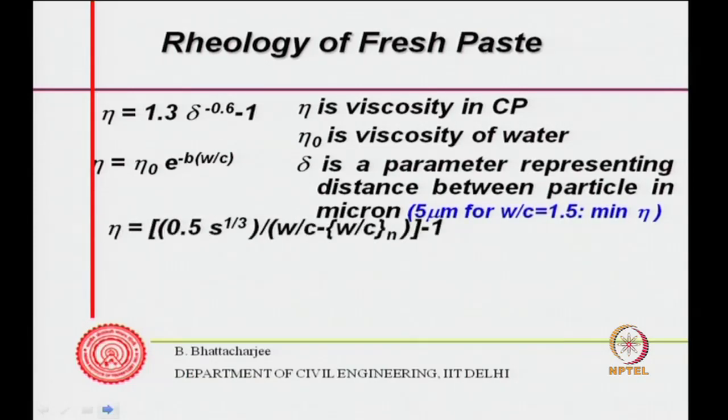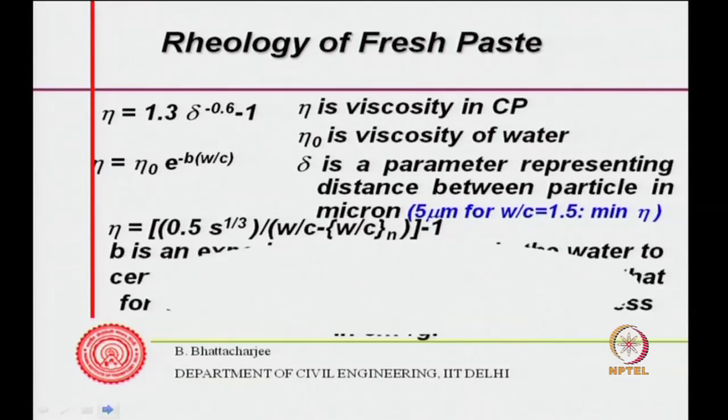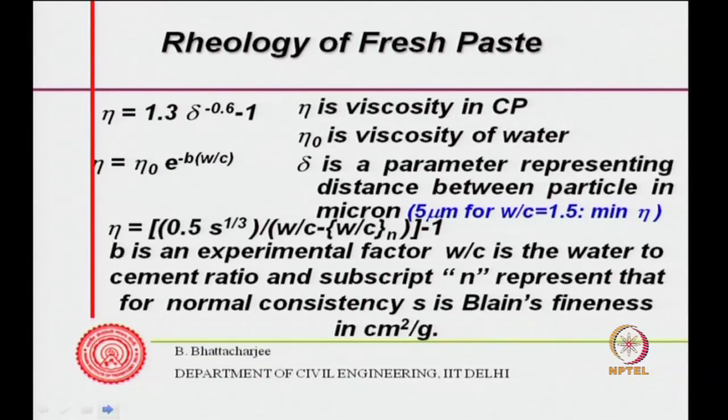So, you see viscosity nu can be related to water cement ratio and also to some experimental factor B, and water to cement ratio, and N represents normal consistency, S is Blaine's fineness. So, this S is Blaine's fineness, this is water cement ratio for normal consistency.